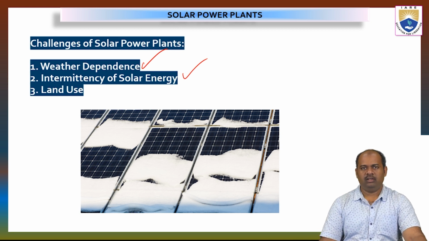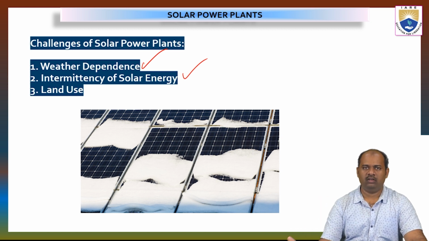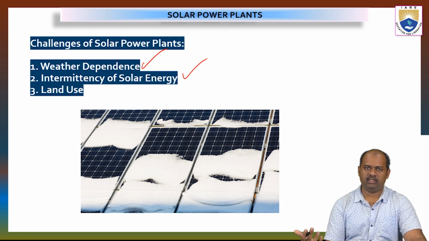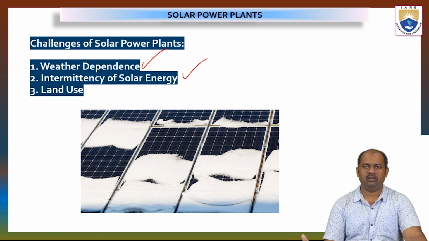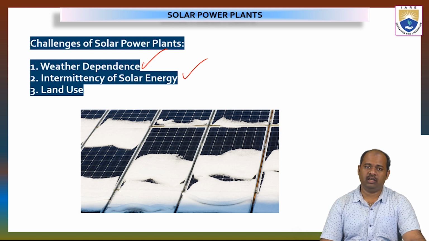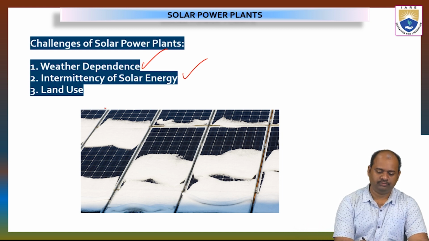So I should choose a place where solar radiation is high, such as very high altitude places, or very hot places like deserts, where there is no rainfall and no formation of clouds, so nothing can stop the solar radiation from falling on these solar panels. Depending on these conditions, we have to choose a perfect area for installing the solar panels. So, that is intermittency of solar energy.